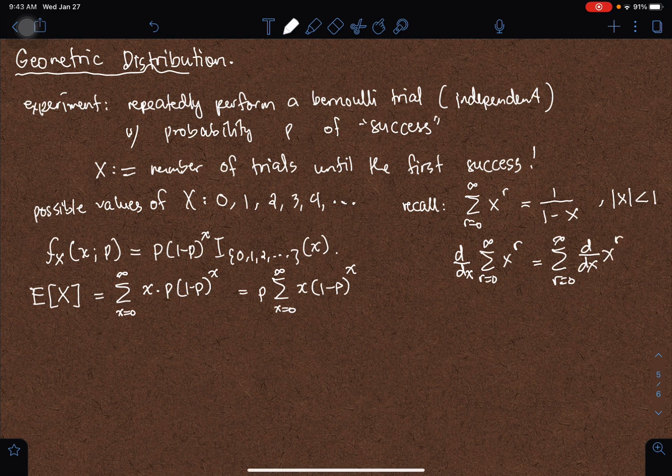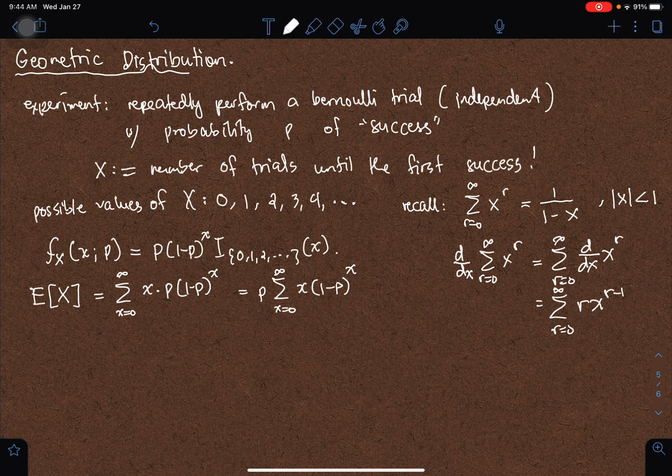We can do that since the series is convergent. We cannot do that if the series is not convergent. So since the operator is now inside the sum, we simply get the derivative of x to the power r with respect to x, and that will be r times x to the r minus 1.